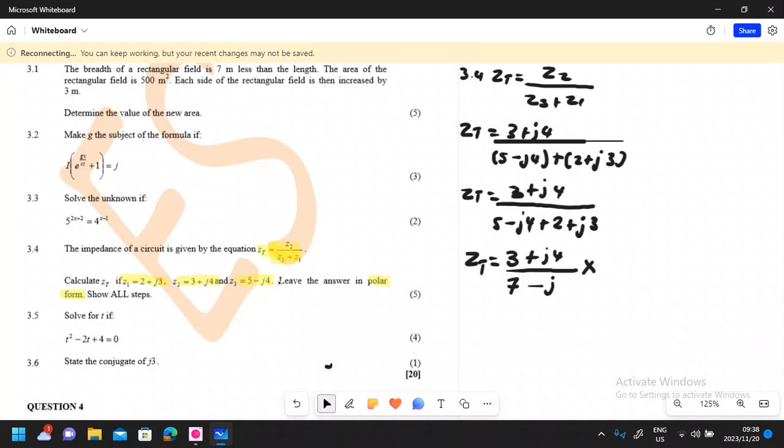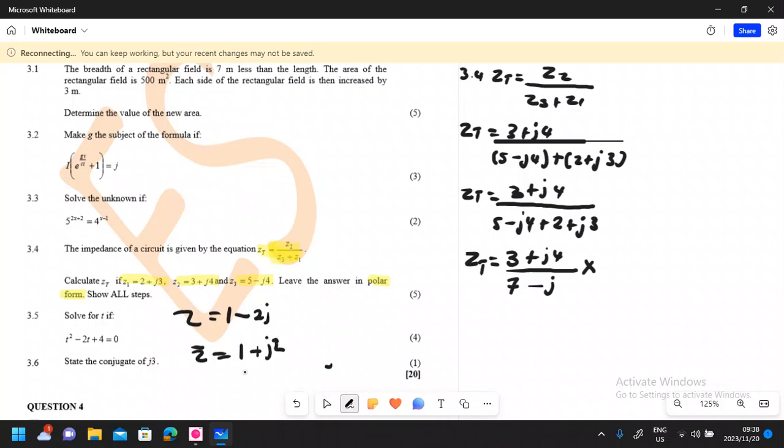Remember guys, the conjugate of, for example, 1 minus 2j, which is z, is bar z, it's 1 plus 2j. So we change the sign of the imaginary number, guys.